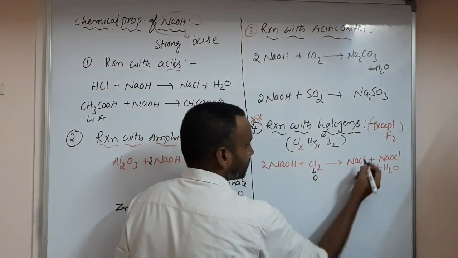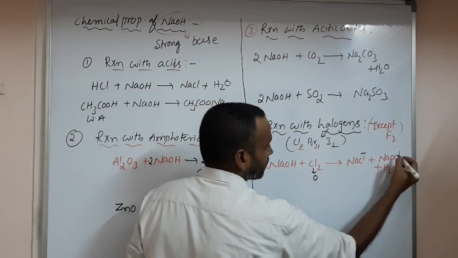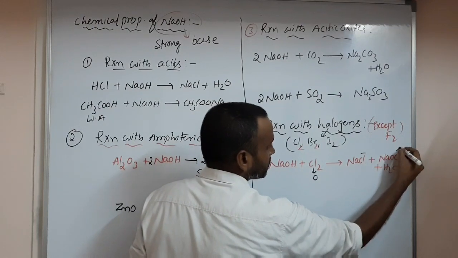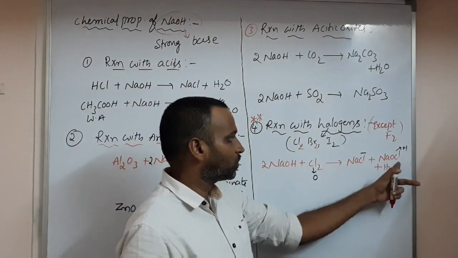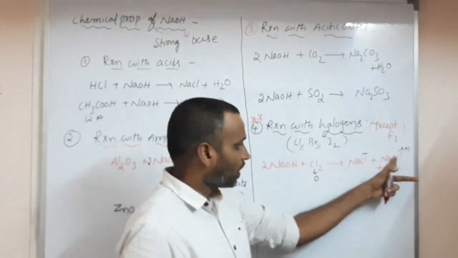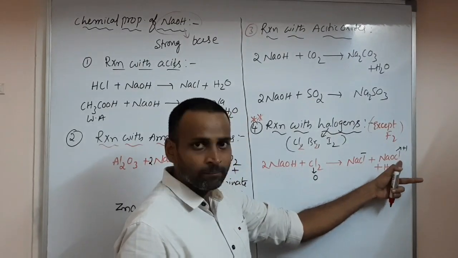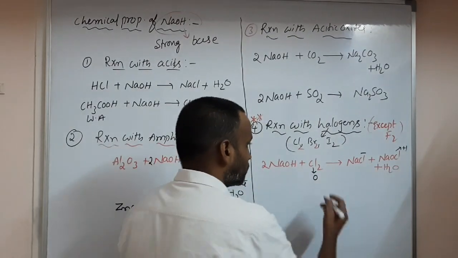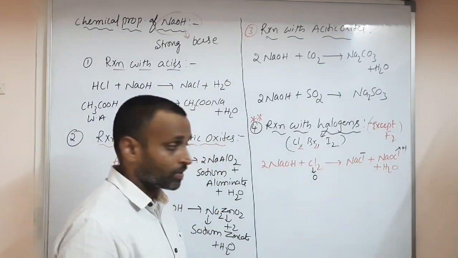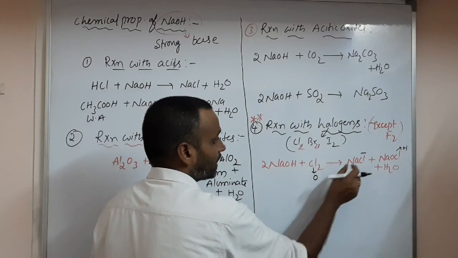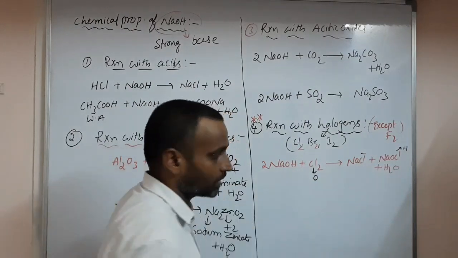Cl2 oxidation state is 0. Here it is Cl minus, but here in OCl minus chlorine is plus 1, since oxygen is minus 2. So 0 to minus 1 and 0 to plus 1. It is a disproportionation reaction. Important: sodium hydroxide with chlorine gives NaCl plus NaOCl.